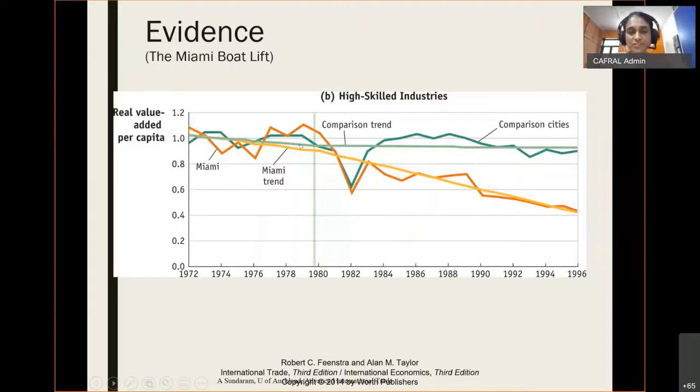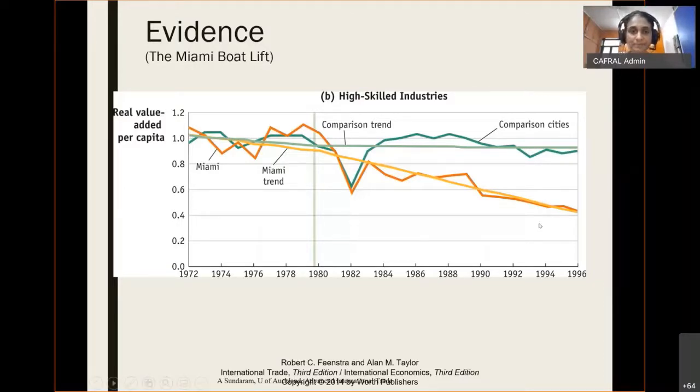The comparison trend isn't doing much, but Miami's production of high-skilled products is actually tanking right after the Mariel boat lift. So here's evidence of the Rybczynski effect. What is happening here is that the Miami economy is absorbing all of these unskilled immigrants by expanding production of apparel, and by contracting production of high-skilled industries.